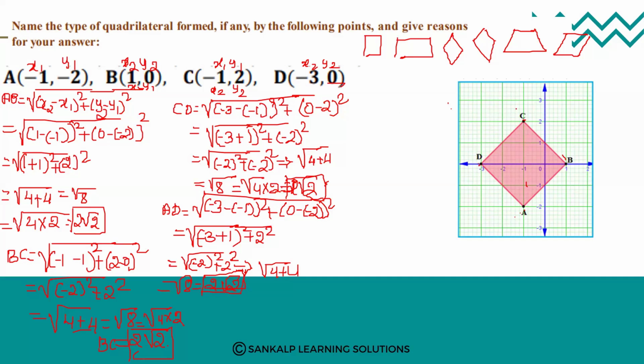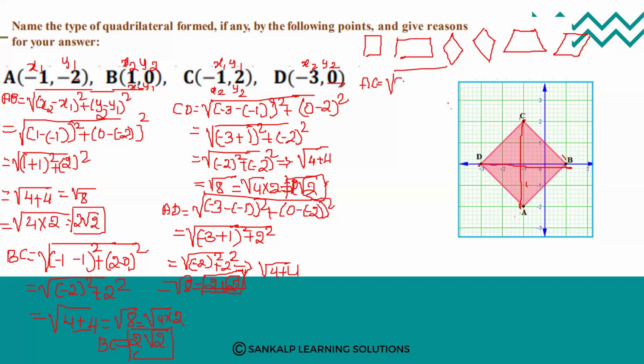So first check diagonals. Which are the diagonals? AC is a diagonal and BD is a diagonal. So AC means distance between A to C and distance between B and D. So diagonal AC is equal to square root of x2 minus x1. Now you are considering A and C, that means this is x1 y1 and this is x2 y2.